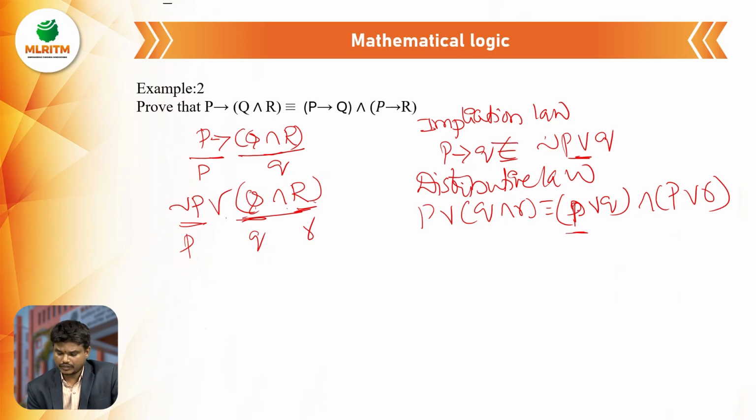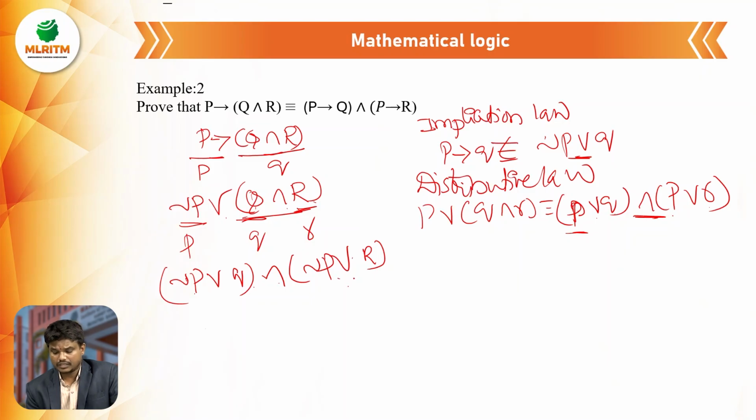Here, what is the P? P is the negation P, and R, what is the Q? Q is the Q. Then again P is negation P, and R is the R. So we observe (negation P or Q) and (negation P or R). So it is the implication law. What is the implication law?